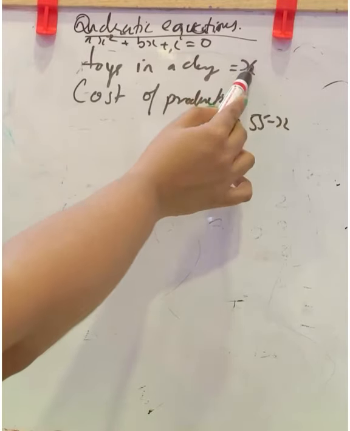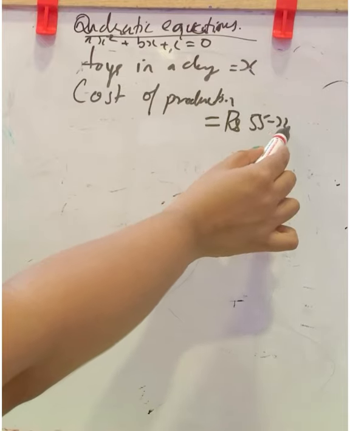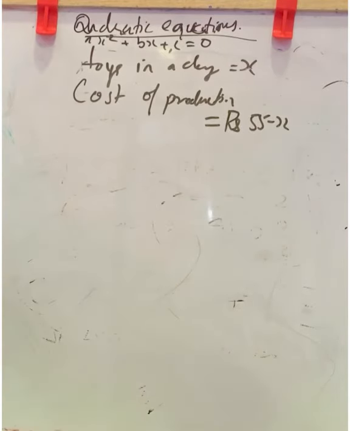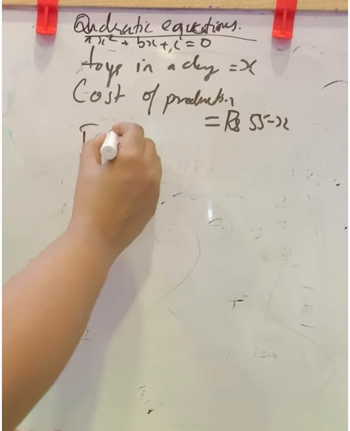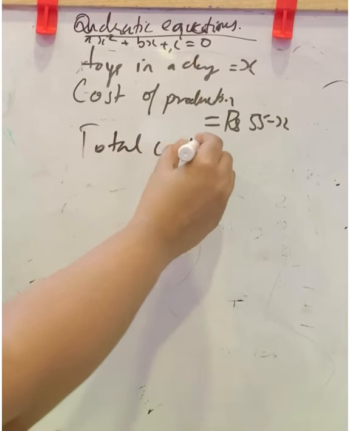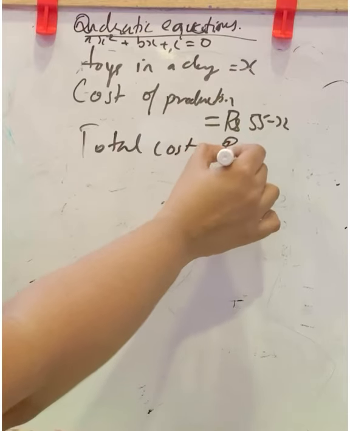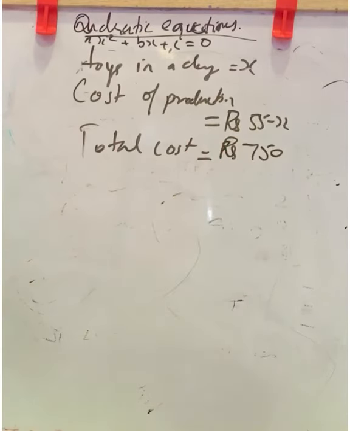Here x is the number of toys, so 55 minus the number of toys means 55 minus x. It is already given that the total cost is rupees 750, and we have to find the number of toys produced. How will you get the total cost?